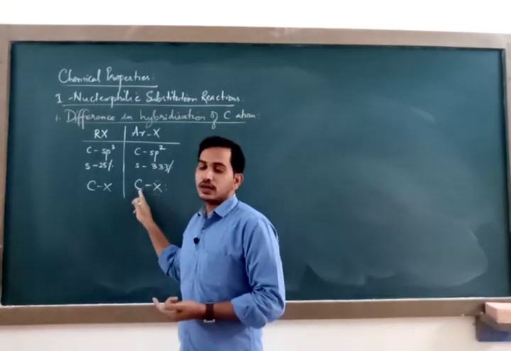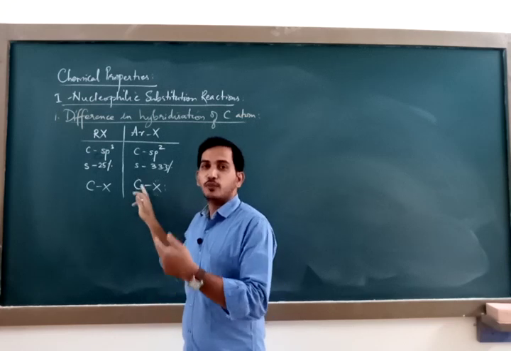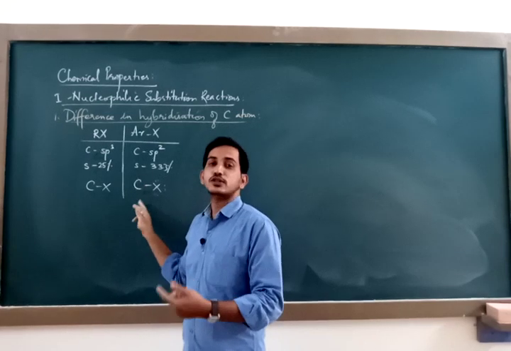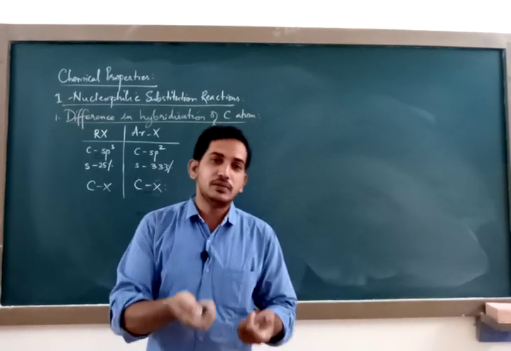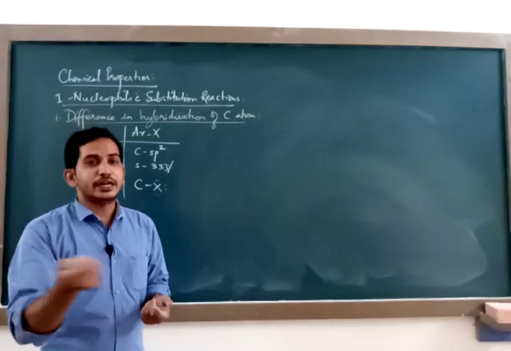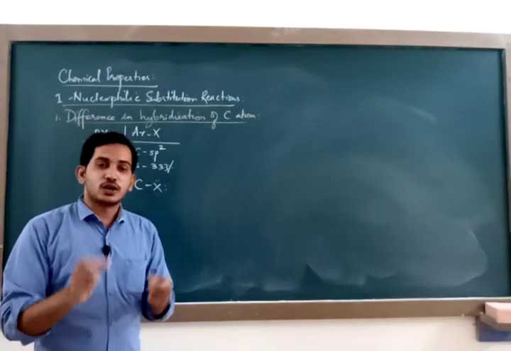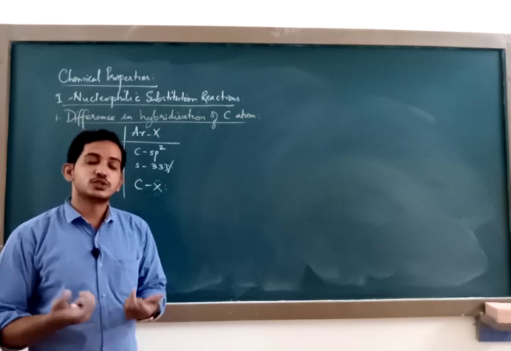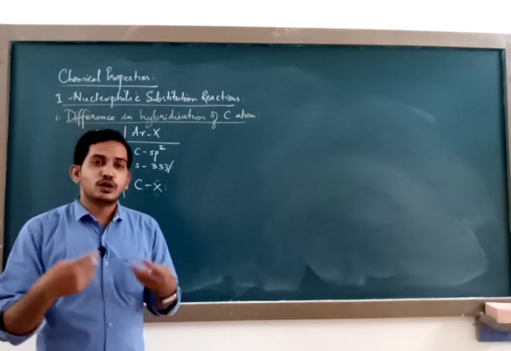Haloarenes has a stronger C-X bond because of sp2 hybridization, because of more percentage of s character. More s character means greater electronegativity. Greater electronegativity means greater pull of electrons. Greater pull of electrons means shorter the bond. Shorter the bond means stronger is the bond. Stronger the bond means difficult it is to break, difficult it is to undergo any reaction.